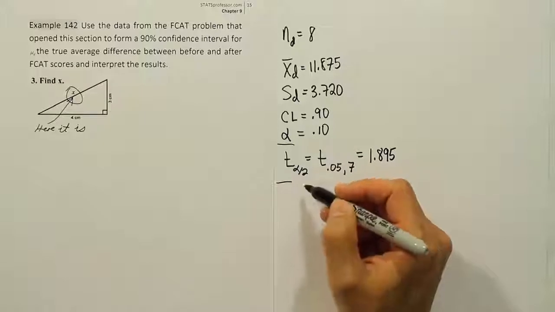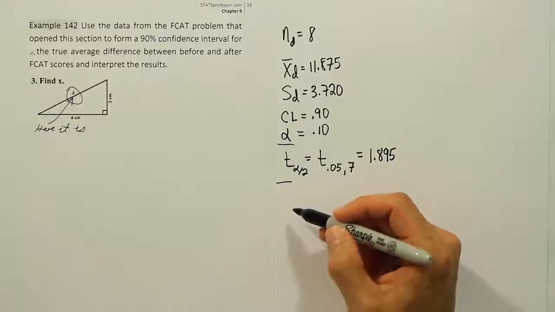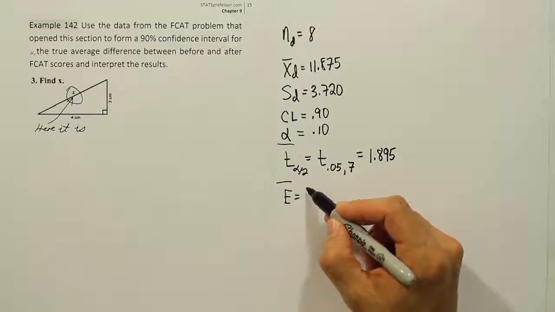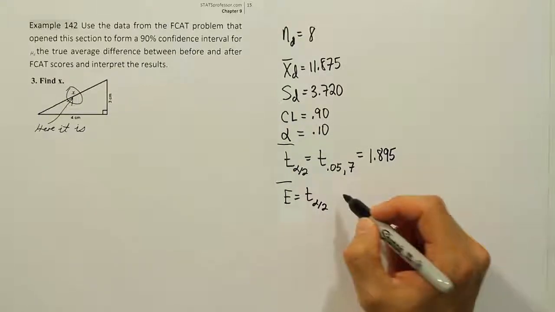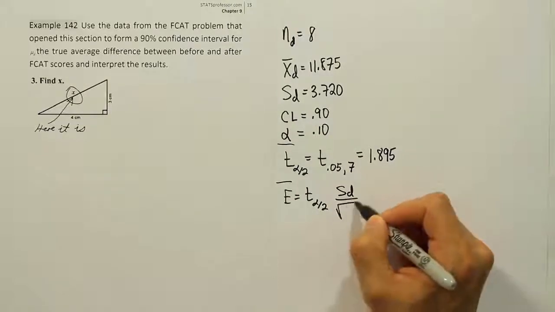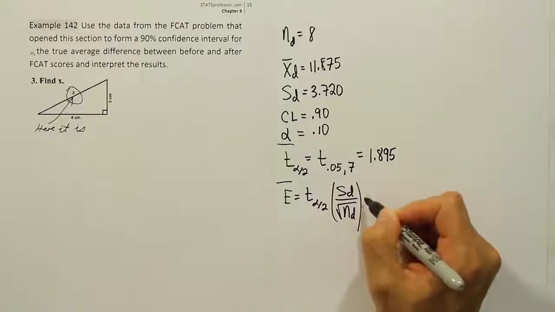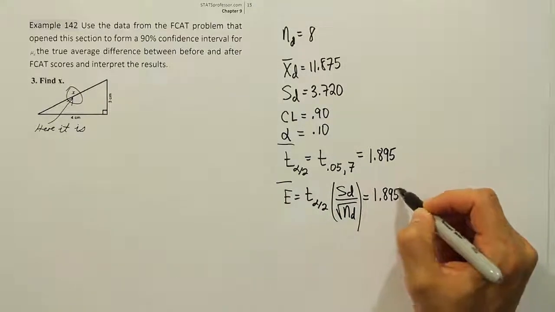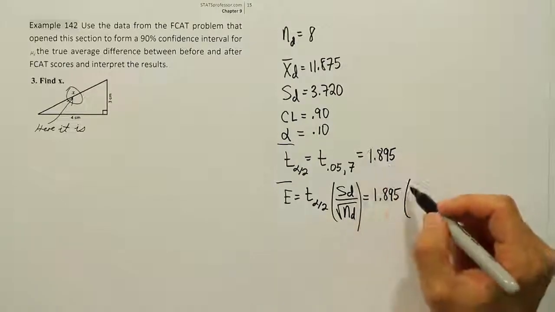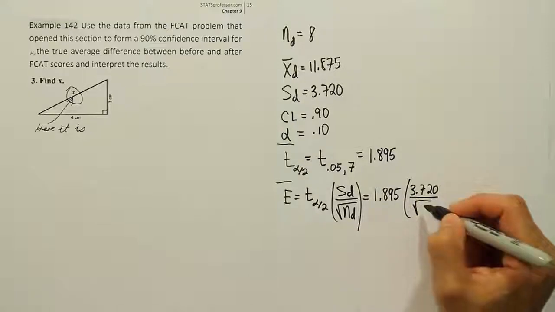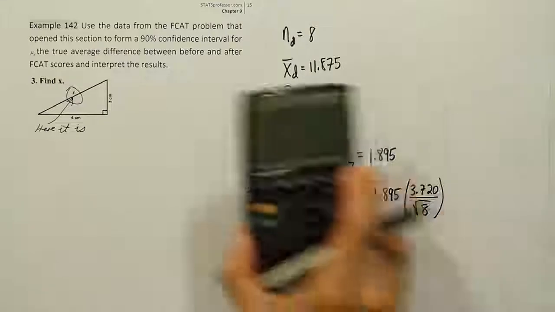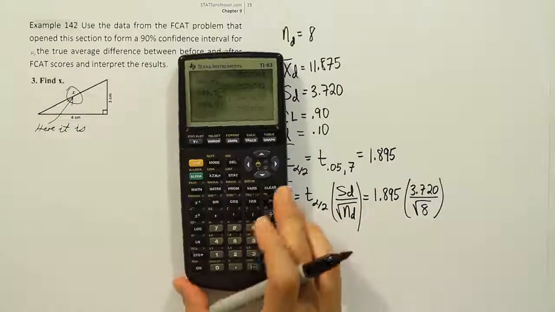Our next step is going to be to take that number and put it into our margin of error formula. That margin of error formula, remember, is E equals t alpha divided by 2, times sd over the square root of n. All right, so that's our formula. And if I plug in the numbers here, we'll have 1.895 times the standard deviation for the differences, 3.720, divided by the square root of 8, right? Okay, let's enter those numbers in then and see what that gives us.